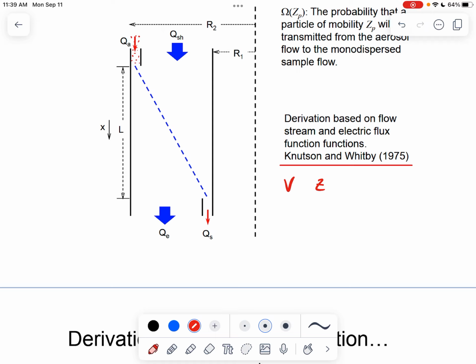Actually, if you further read some papers or get a better understanding of the DMA system, you can see that this assumption also works, because, in the domain of the stream function, we just consider the flow of the aerosols and sheath flow, so you could make this assumption.